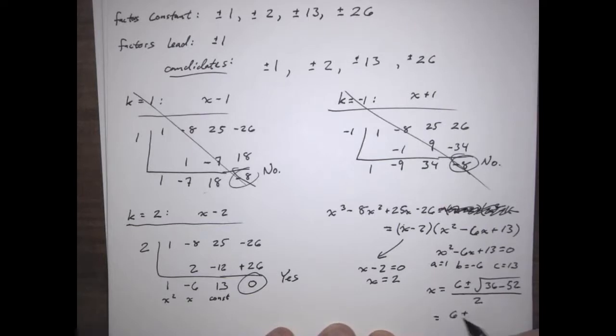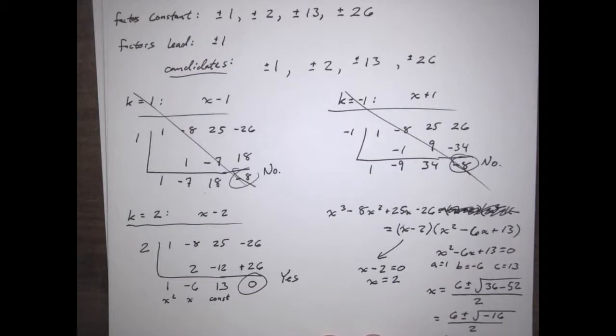So 6 plus minus square root of -16, divided by 2, and that then is going to be 6 plus minus 4i, divided by 2.